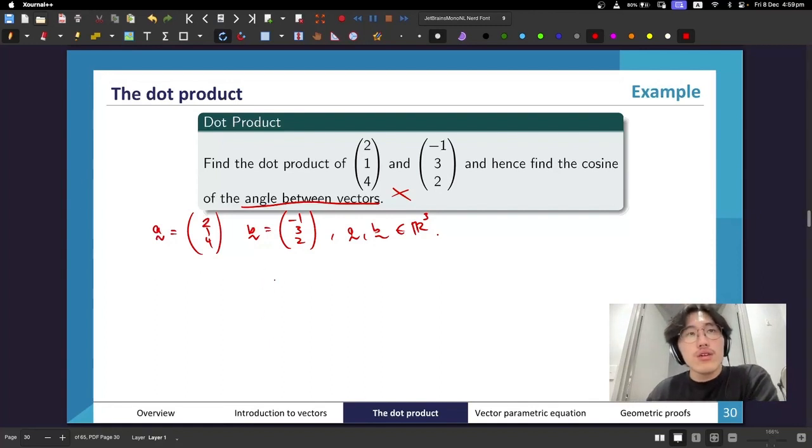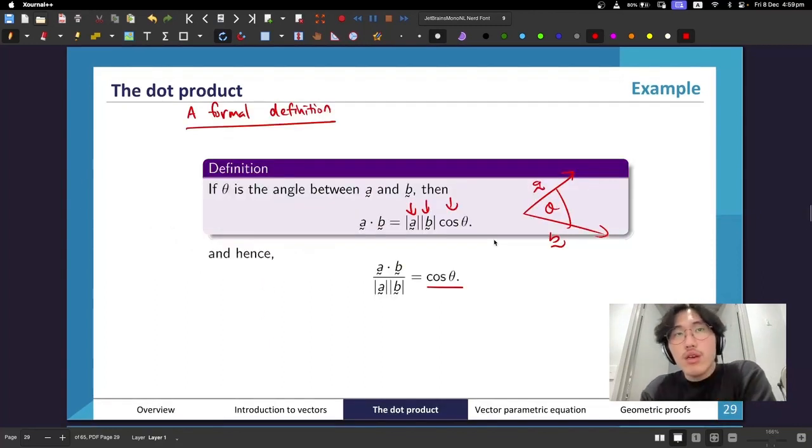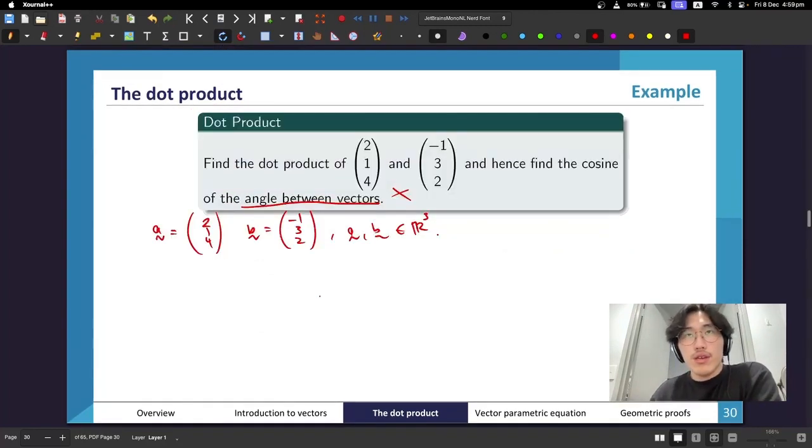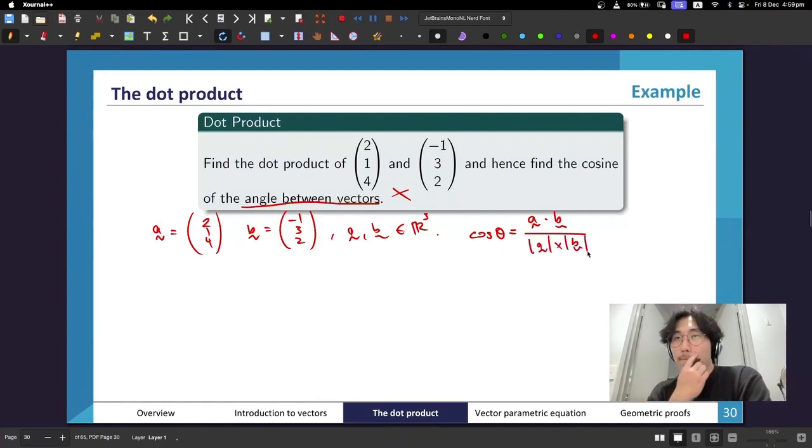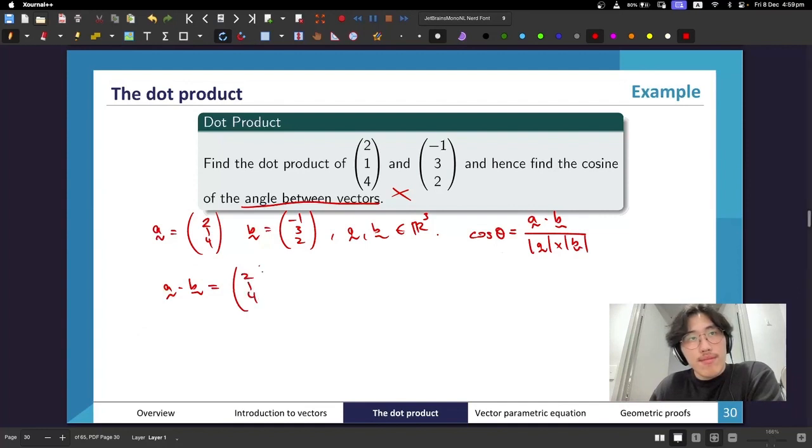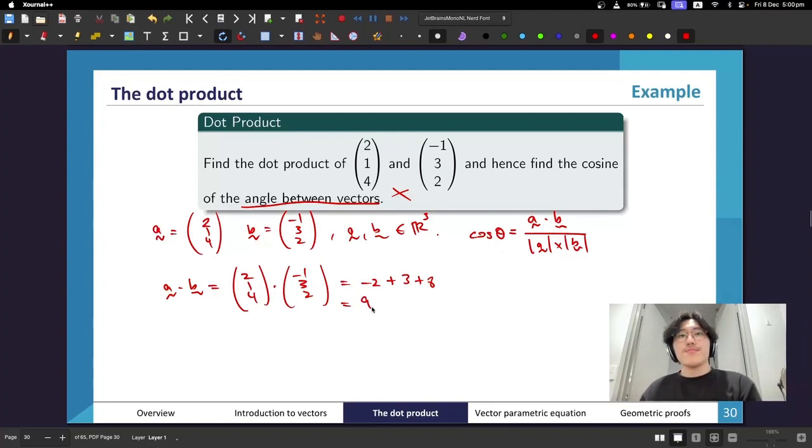Okay. So let's refer back to our formal definition. a dot b equals the magnitude of a times the magnitude of b cos theta. So basically what they're asking us to do is to find cos theta, which equals a dot b on the magnitude of a times the magnitude of b. Okay, so let's find a dot b, which equals negative 2 plus 3 plus 8, which equals 9.